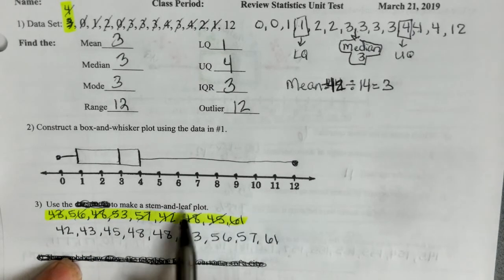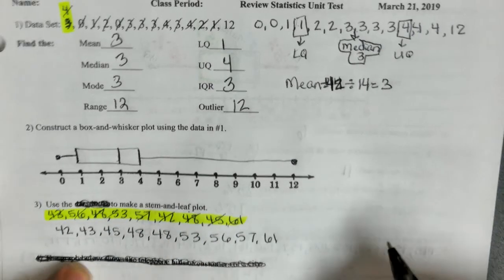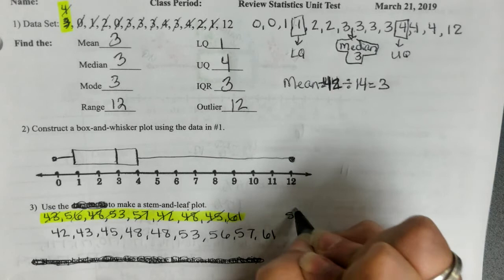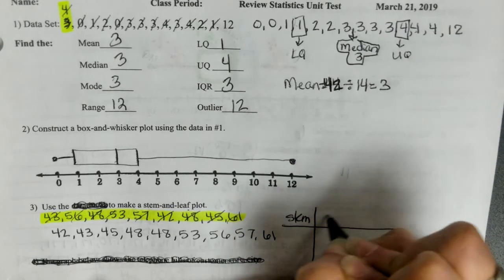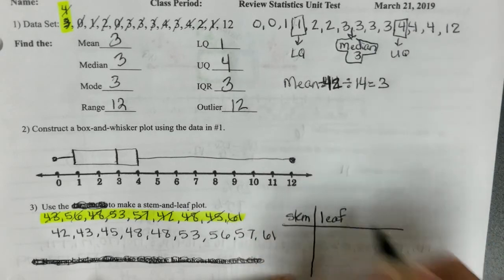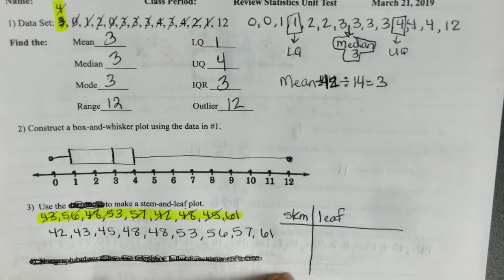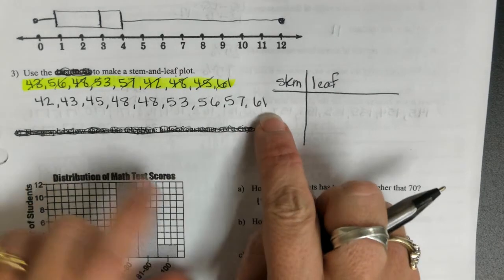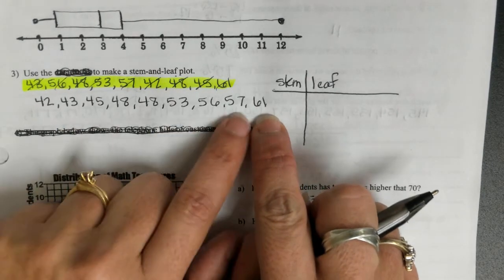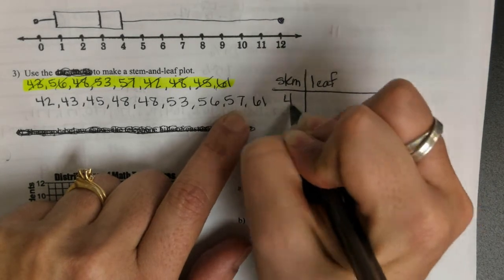Now, to make a stem and leaf. Okay, we need the stem on one side. I know there's no titles, so I'm just labeling it stem and leaf. Okay. My stems are going to be 40, 50, 60, so I need 4, 5, 6.